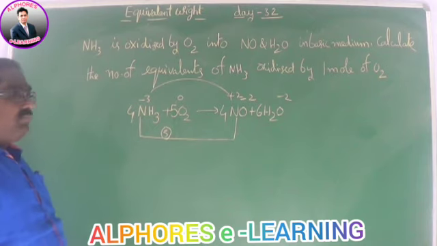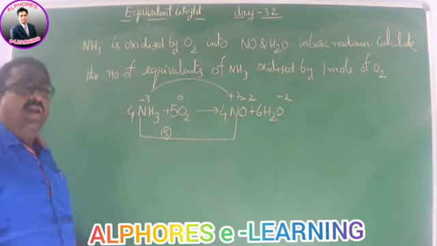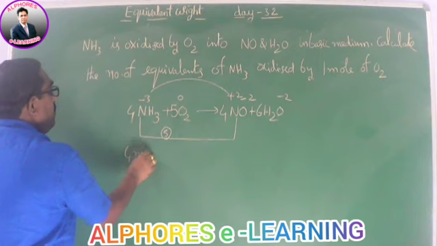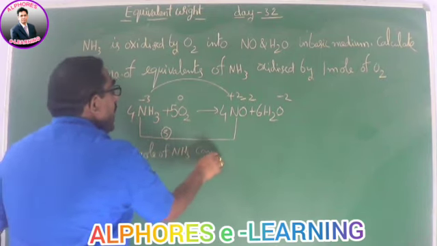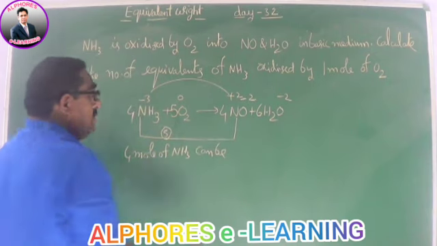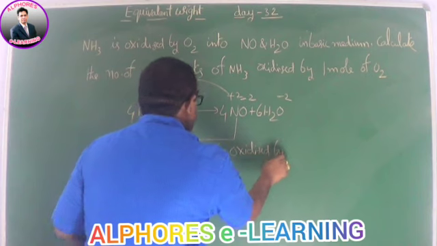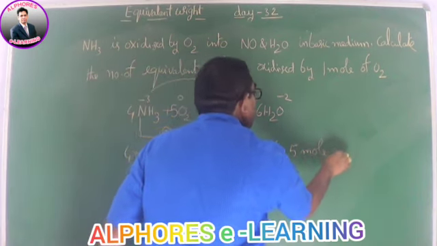From this balanced redox reaction, we can write, see friends, 4 mole of ammonia can be, note it down, oxidized by 5 mole of oxygen.